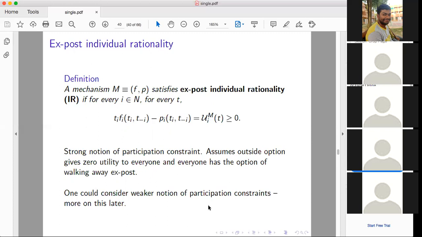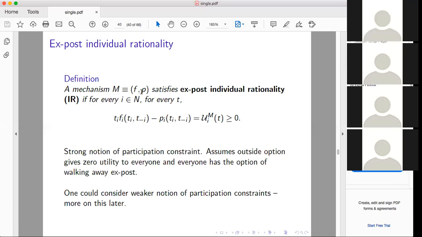Okay, so what does that mean? The definition says that a mechanism (f, p) is ex post individually rational if for every i and every type profile t, the utility of the agent at this type profile is greater than or equal to 0. So t_i f_i(t_i, t minus i) minus p_i(t_i, t minus i) is greater than or equal to 0.